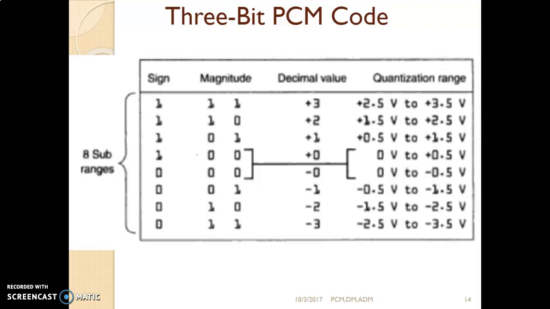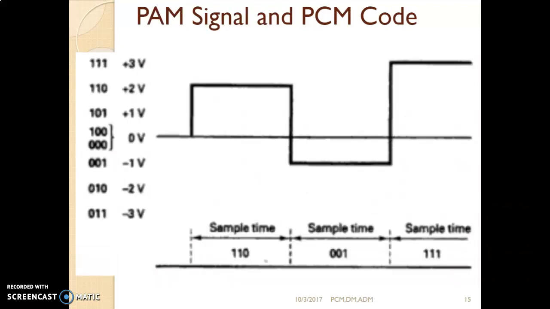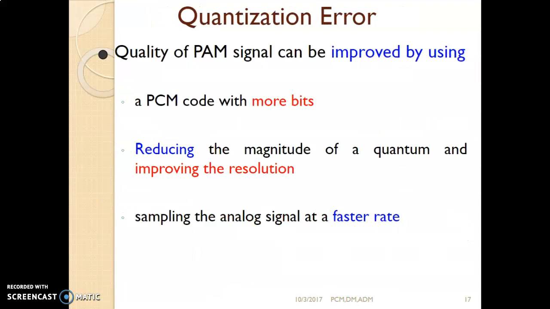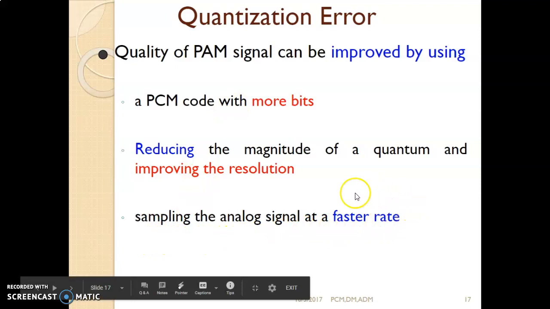quantizing that signal. And the third step is encoding: to each and every quantized level we are going to assign a code. We have taken an example of a 3-bit code. It can be 4-bit, 2-bit, 8-bit, or 16-bit. Definitely you will improve the quality of the PAM signal if you have a PCM code with more bits, or if you have more samples because the sampling is done at a faster rate, you can still reproduce a better signal.